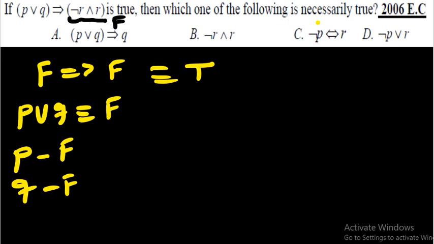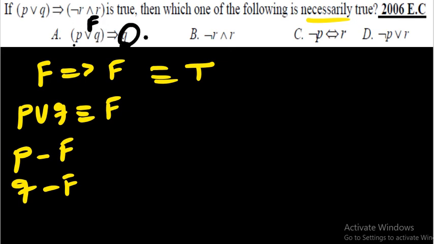So which one is necessarily true? Let us see now the choices one by one. Choice A, P or Q. P or Q means false or false. False or false is false. False implies whatever, it is true, because the whole thing is false.